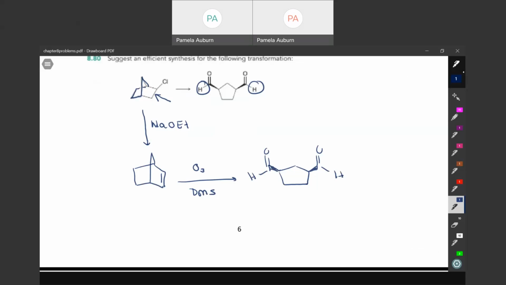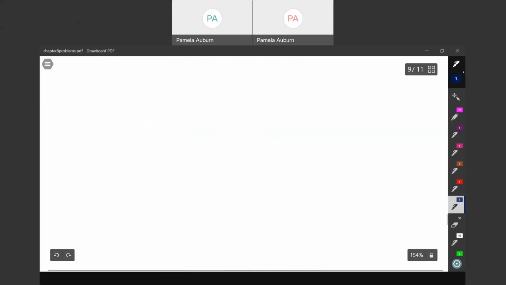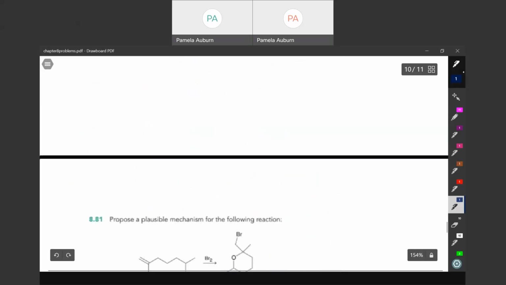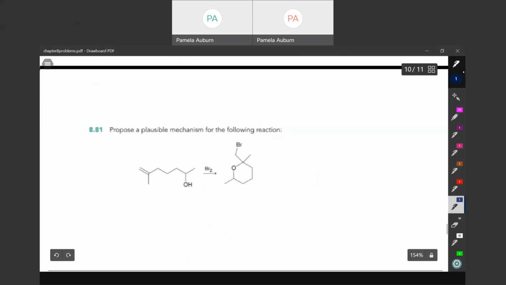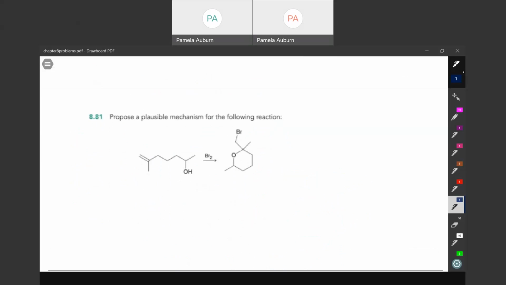So that's that mechanism question. And I have one more mechanism question. Plausible mechanism for this reaction.